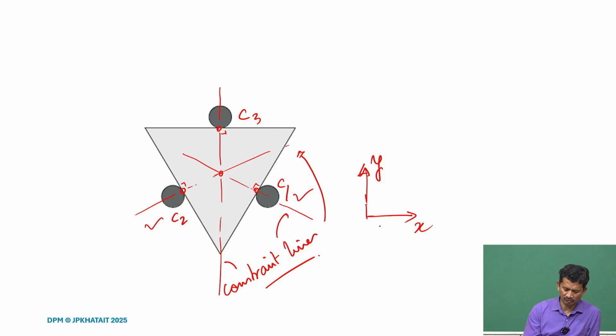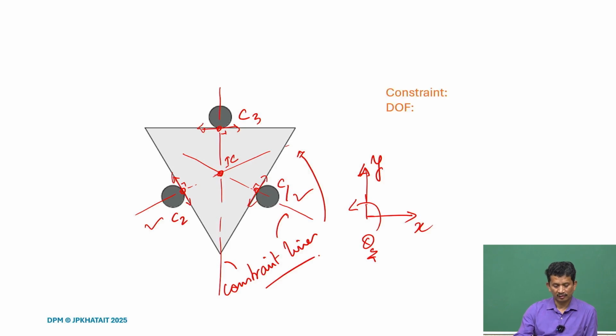But when we talk about theta z, if you try to rotate about an axis passing through this IC where they are intersecting, we realize none of them provide any constraint because all are tangential and it can rotate. So, in this case, although it looks like 3, the constraint is 2 only. So, 3 contacts providing 2 constraints only.